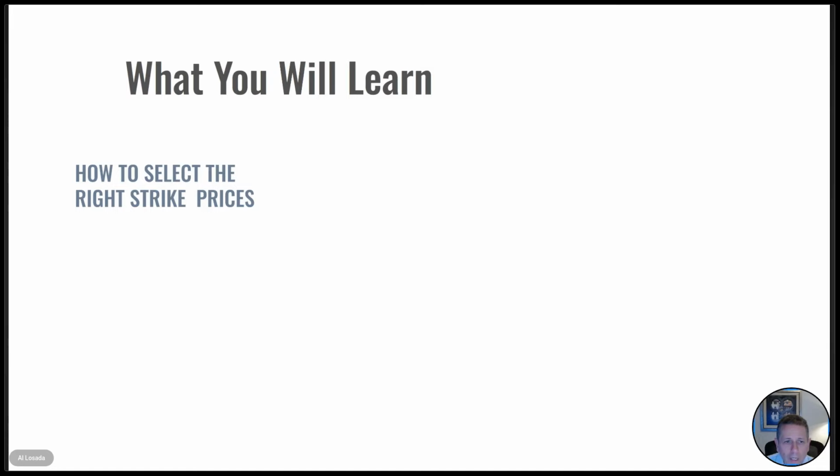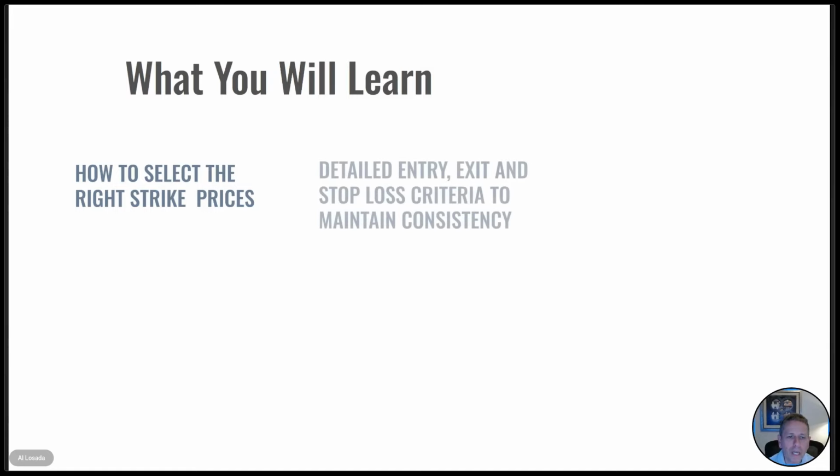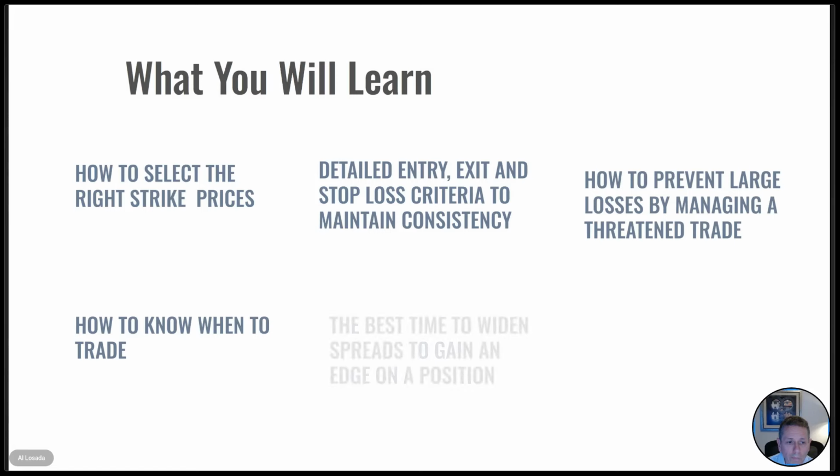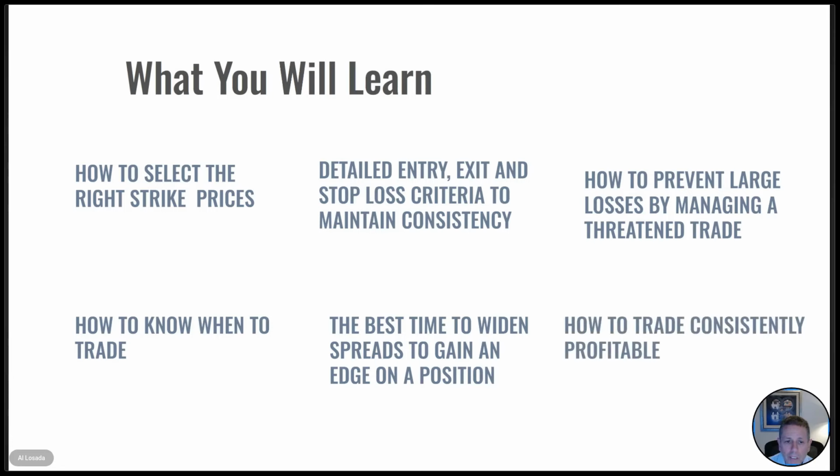Number two, detailed entry, exit, and stop loss criteria to maintain consistency. Number three, how to prevent large losses by managing a threatened trade, and how to know when to trade. And the best time to widen spreads to gain an edge on the position, and how to trade consistently profitably.